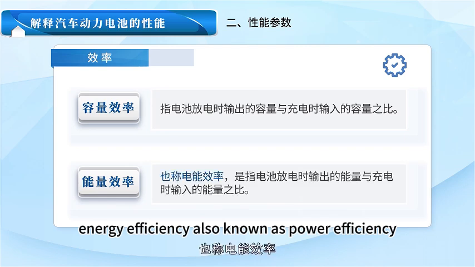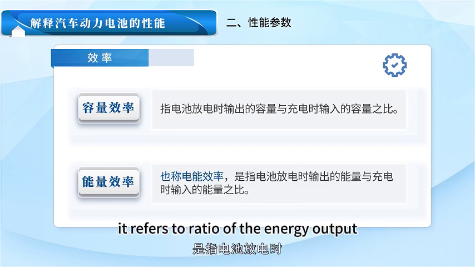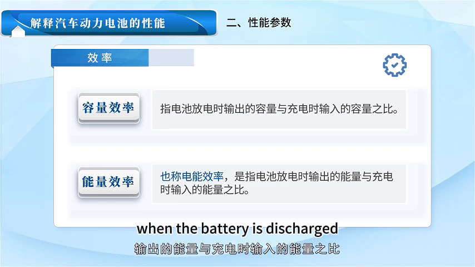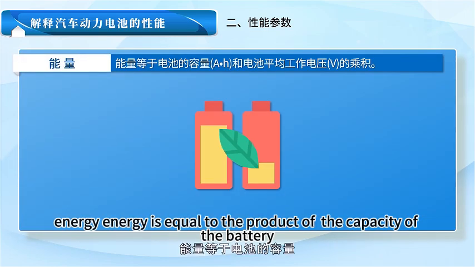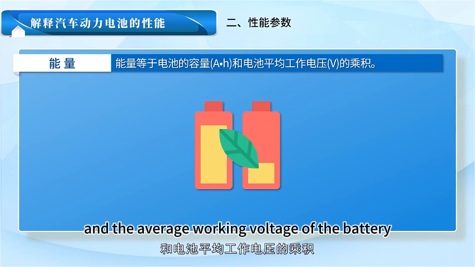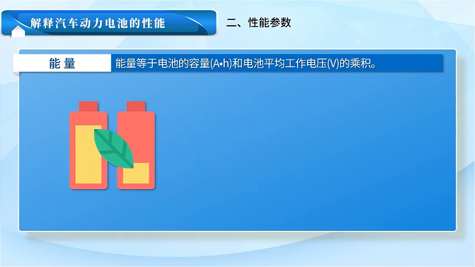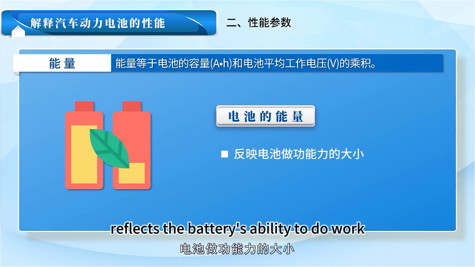Energy efficiency, also known as power efficiency, refers to the ratio of the energy output when the battery is discharged to the energy input during charging. Energy is equal to the product of the capacity of the battery and the average working voltage of the battery. The energy of the battery reflects the battery's ability to do work.